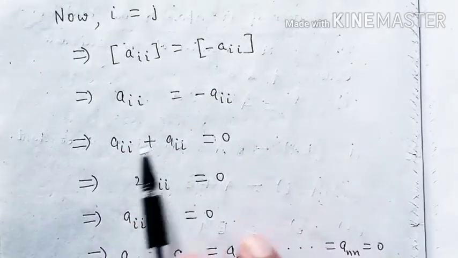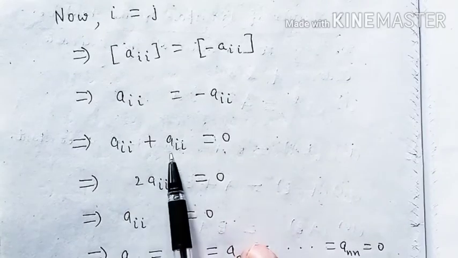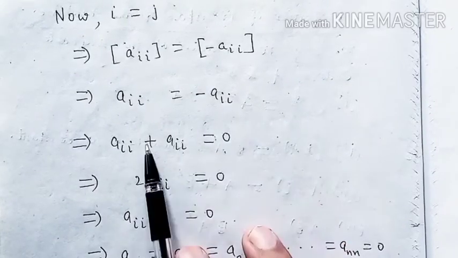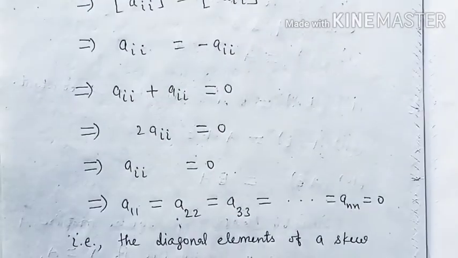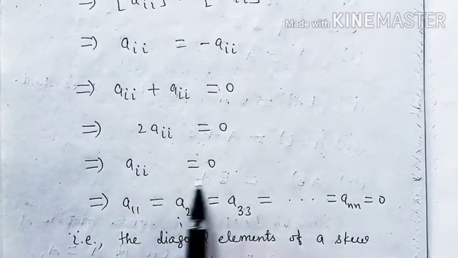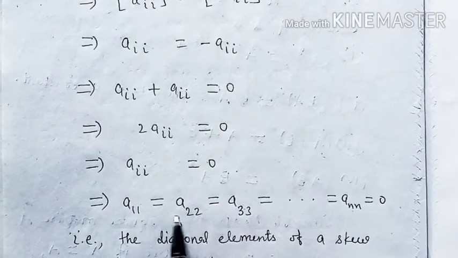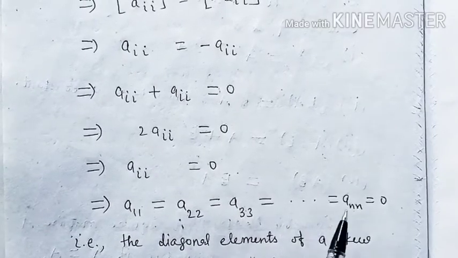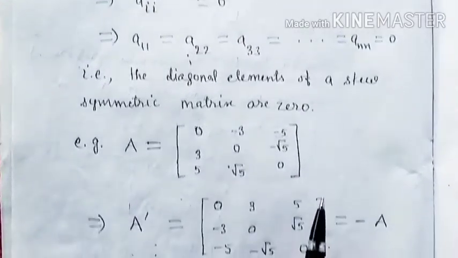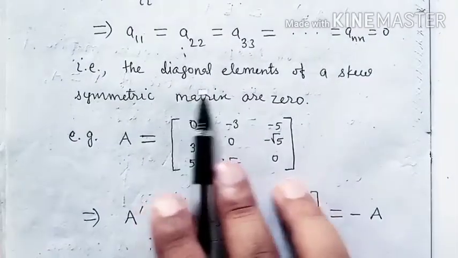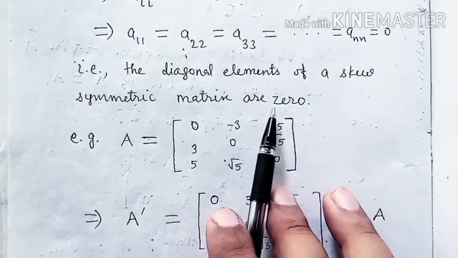Now Aii is equal to minus Aii. This implies Aii plus Aii, transferred to LHS, so RHS becomes 0. On proceeding ahead, we have Aii equal to 0, meaning A11, A22, A33 and so on, Ann are 0. We know that these are diagonal elements, so the diagonal elements of a skew symmetric matrix are 0.